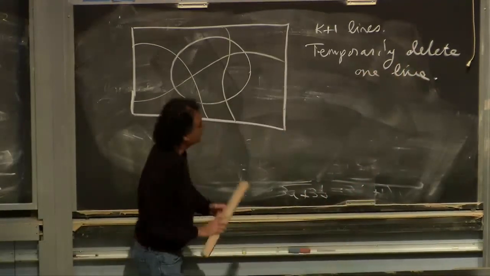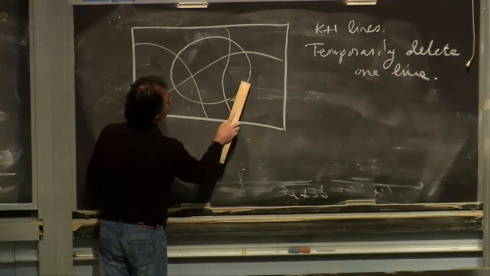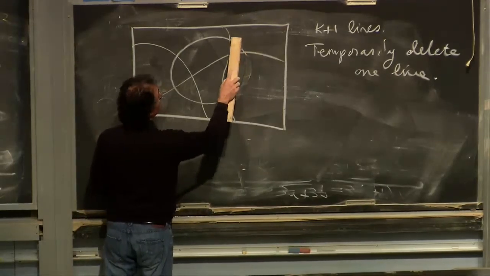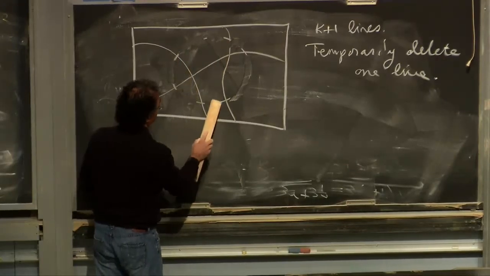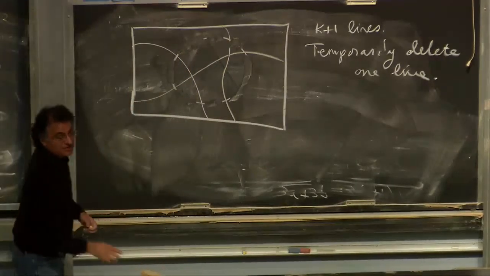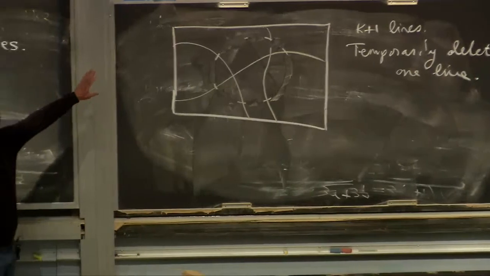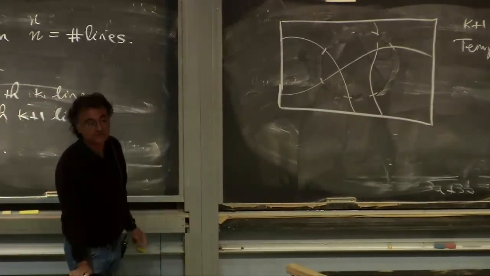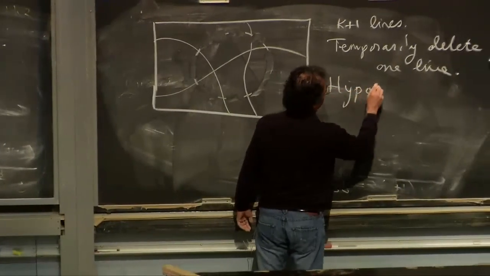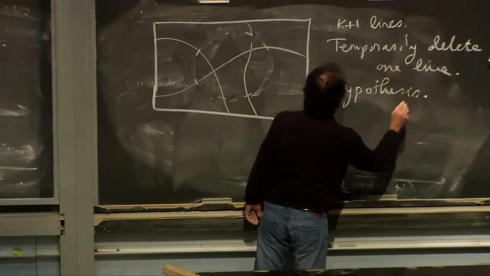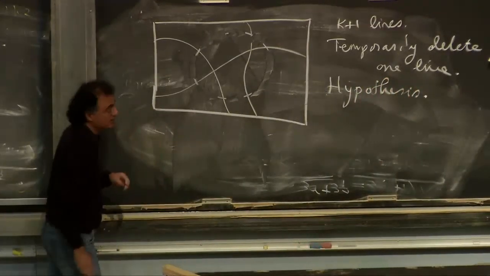Okay, so we go ahead and temporarily delete this line. So now we have a map with k lines. Induction hypothesis, we can two-color it. So now we apply the hypothesis. We can two-color it. Okay, so let's two-color it.